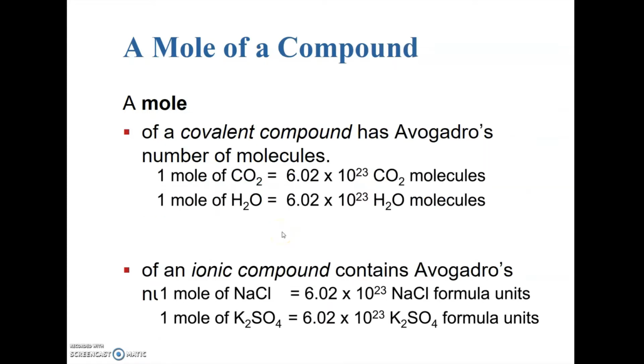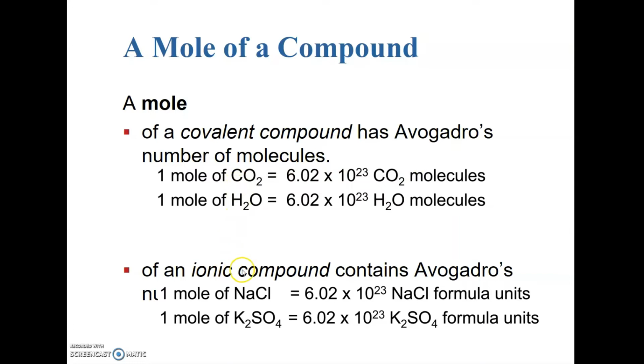As it was said earlier, a mole represents the quantity of a substance, and 1 mole of a substance contains Avogadro's number of elementary particles of that substance. When we look at a molecular compound, 1 mole of a molecular compound like carbon dioxide has 6.02 times 10 to the power of 23 molecules, because molecules are elementary particles of a molecular compound.